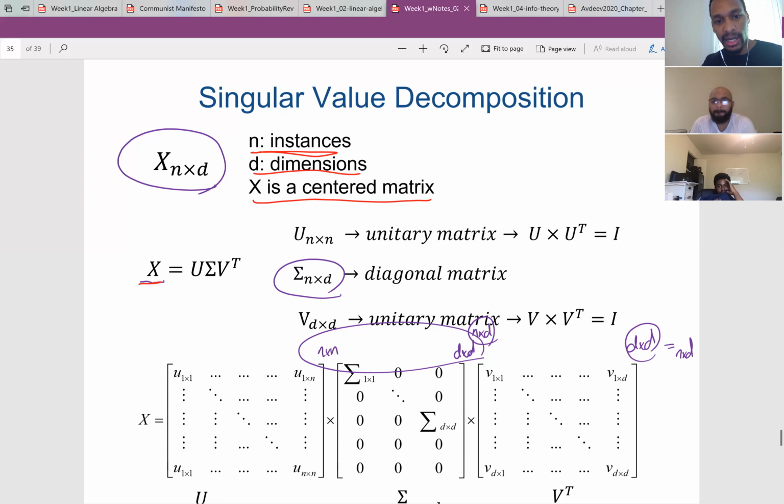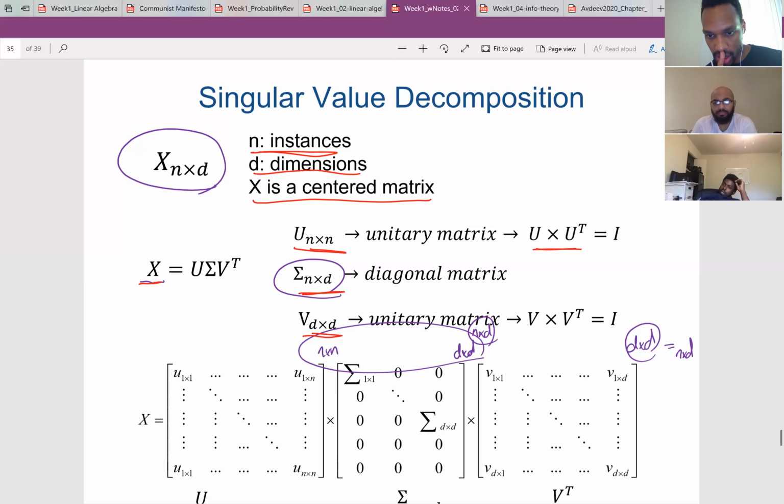And then you're going to basically decompose it into a unitary matrix times a diagonal matrix times another unitary matrix. And what unitary means is basically that it's orthogonal and something else. I forget what the other thing is. Might just be that it's orthogonal.